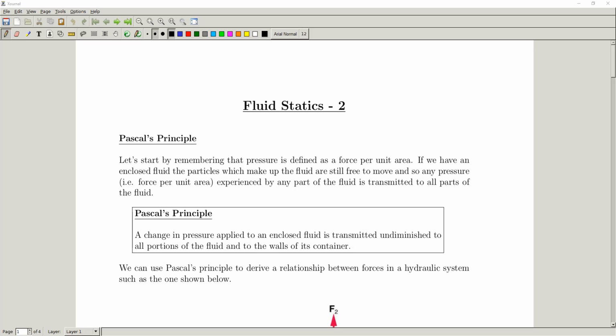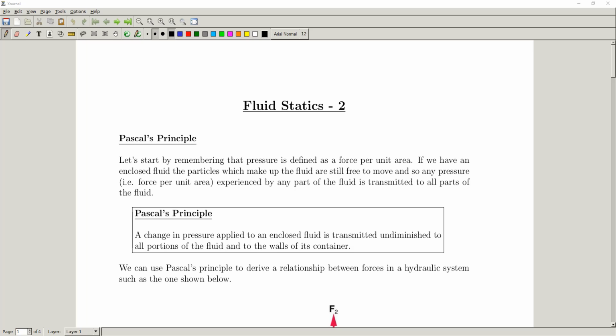So as we apply a force to the fluid, each of these particles can move around, and it disperses the force evenly throughout the entire fluid. So the fluid will transmit this pressure applied to it to all parts of it undiminished.